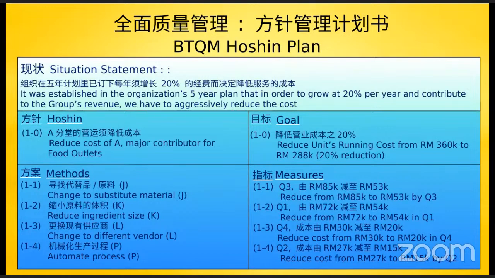Then third item in the 4th quarter, and the 4th item. So this is going to reduce another 10,000. Third item. So the 4th item will reduce the cost from 27 to 15. This will give another 12,000 saving.